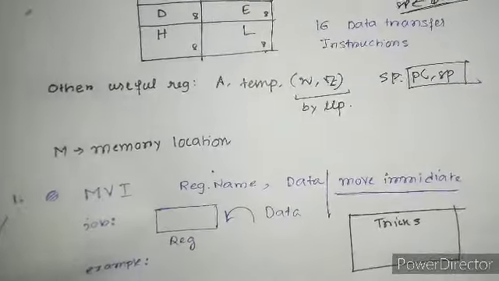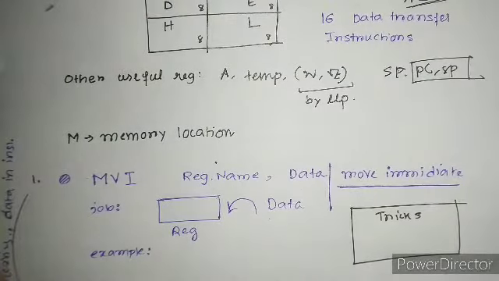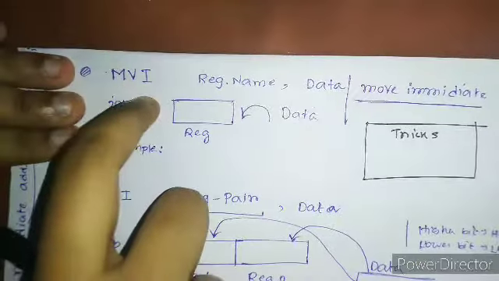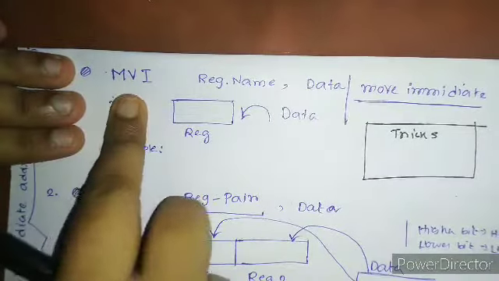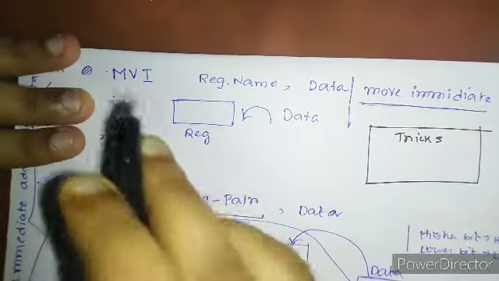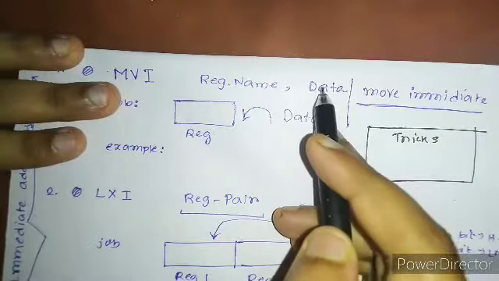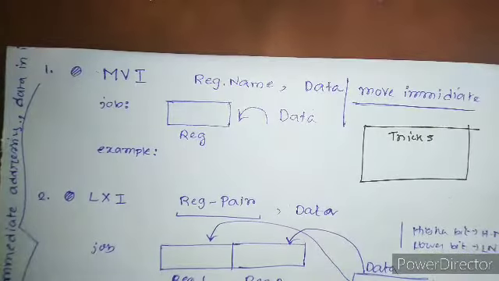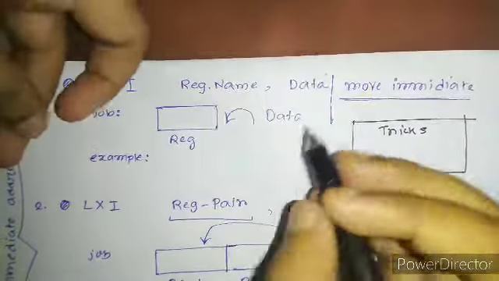So the first instruction that I will teach you is MVI register name, comma, data. MVI means move immediate. There is an I, which means there would be data, and there is no X, so it is a single register.